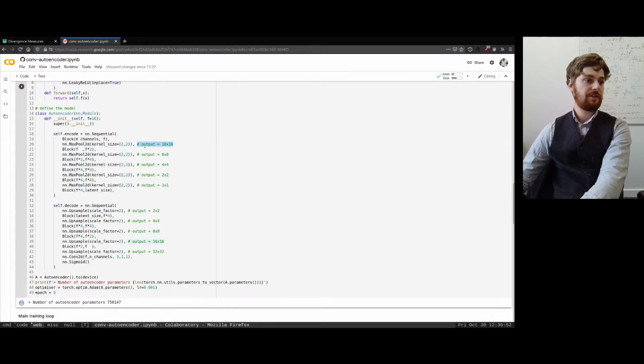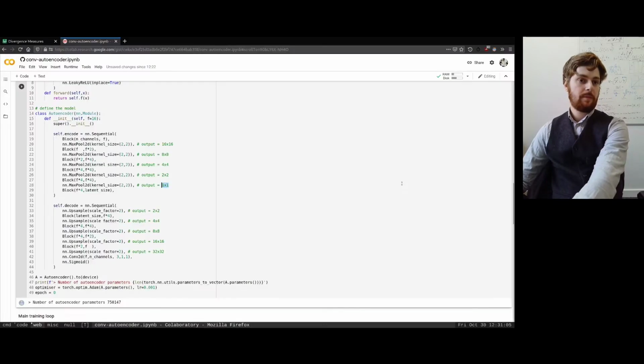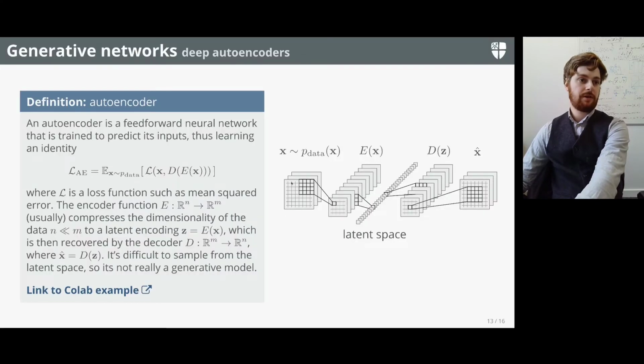It halves the spatial dimension every time you do a max pool operation. So the image goes from 32 squared to 16 squared to 8 squared to 4 squared to 2 squared, and so it's just 1 by 1. At the end it's just a single pixel, but we increase the depth as we go through the network, so we go from 3 channels to more channels.